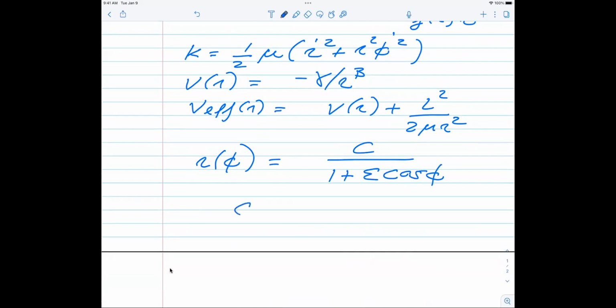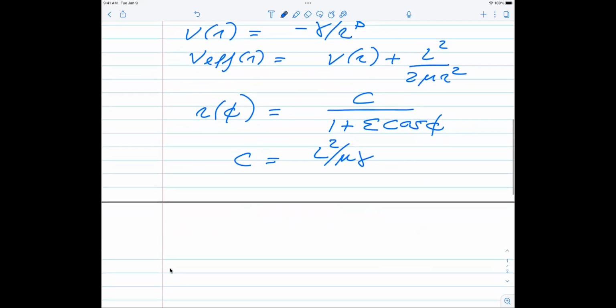This parameter c is given in terms of the angular momentum divided by mu, the reduced mass, multiplied with the parameter in front of the potential. If we have the gravitational force, that contains the gravitational constant and the product of the two masses. And then we have the eccentricity, which is given by A, a constant which we determined from the initial conditions, multiplied with L squared divided by gamma times mu.